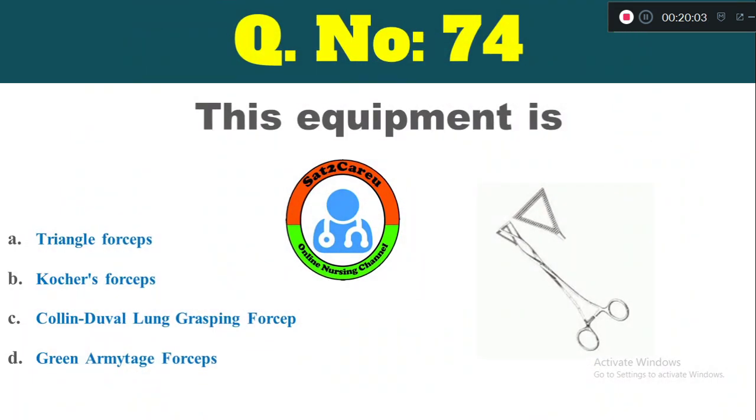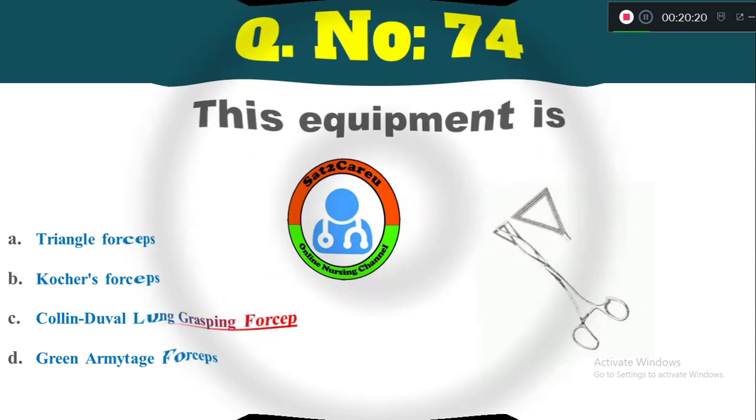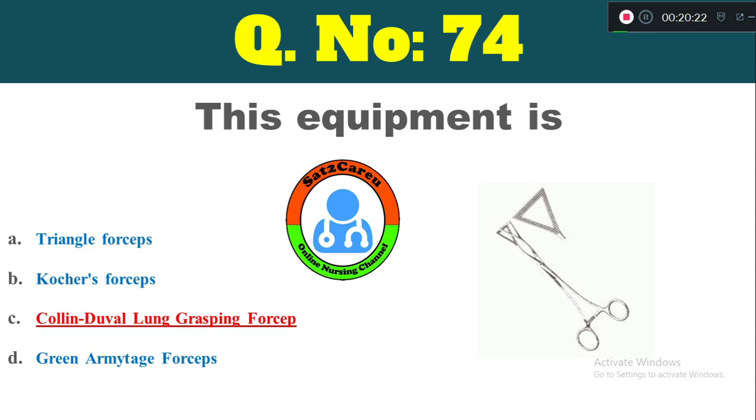Question number 74. This equipment is option A, triangle forceps, B, Kocher forceps. Option C, Duval lung grasping forceps. Option D, Green Armytage forceps. So this is Duval lung grasping forceps, used in lung related surgeries.